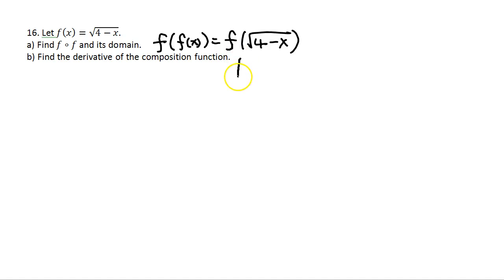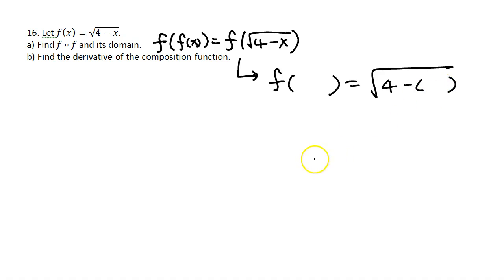It's good to use a two-step procedure in determining what this is. First, we're going to copy this definition down. F is what? It's square root of 4 minus. And although I said copy, I really didn't copy it. What did I do? Every time I see an x there, I put parentheses. Why would I do that?